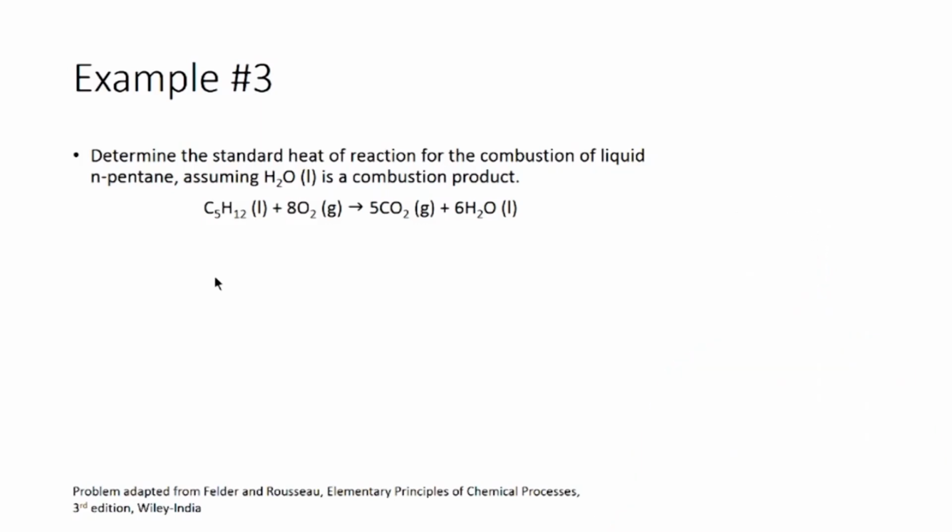So, based on the equation which we were given in the last slide, you would have delta H R cap as sigma of nu i delta H Fi cap minus sigma of nu i delta H Fi cap, where the first one is for the products and the second one is for the reactants. Now, this would mean that you have different components, which are carbon dioxide and liquid water, in the products.